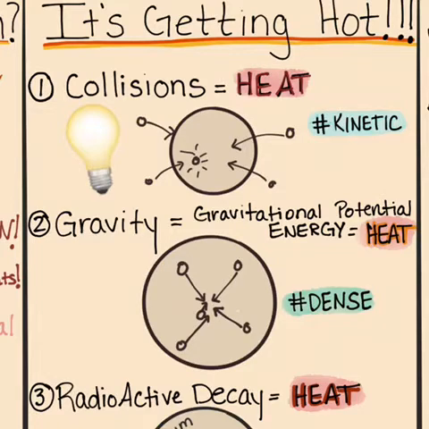Whenever you have kinetic energy, or the energy of motion, and objects hitting each other, that energy transfers into some thermal energy as well. Along with the thermal energy created with the collisions, thermal energy was transferred just due to the gravitational potential energy. Those objects on the outside of the planet and around it, as they move to the center or to the core, there's this transfer of the potential energy into thermal energy.